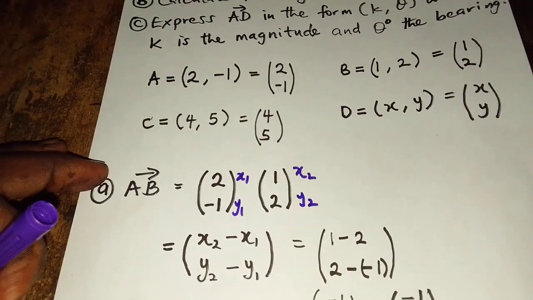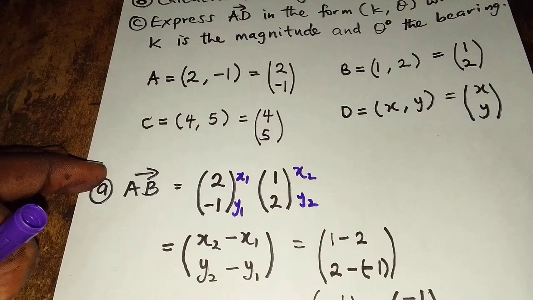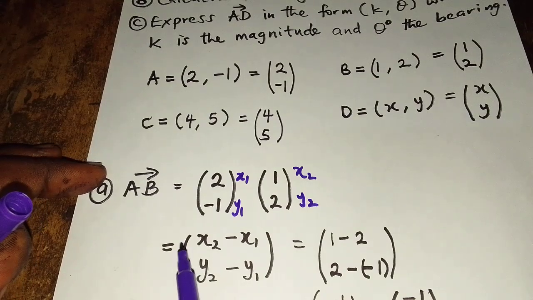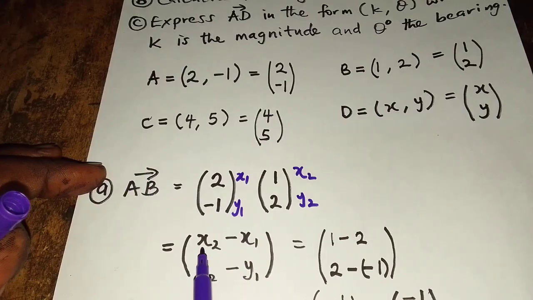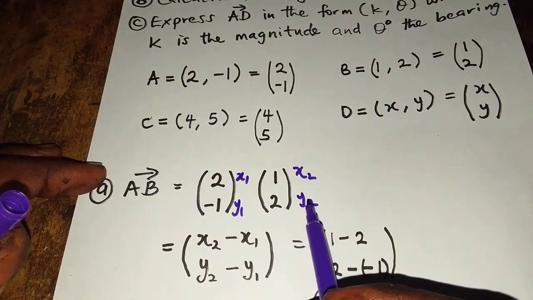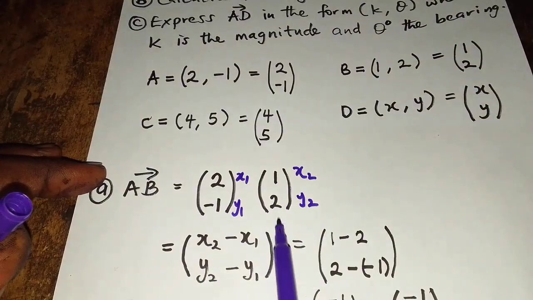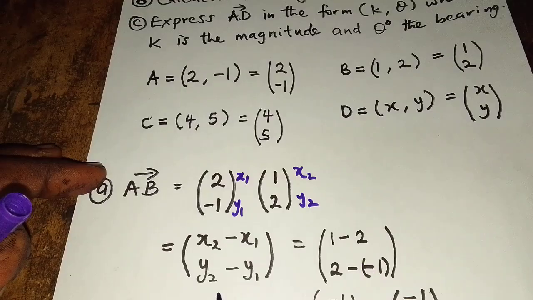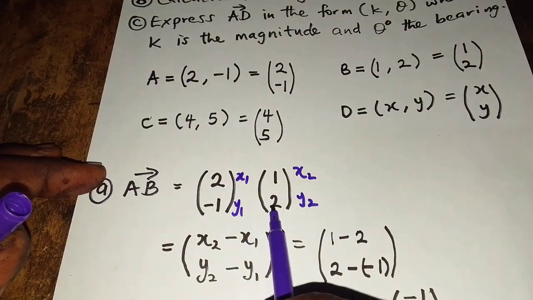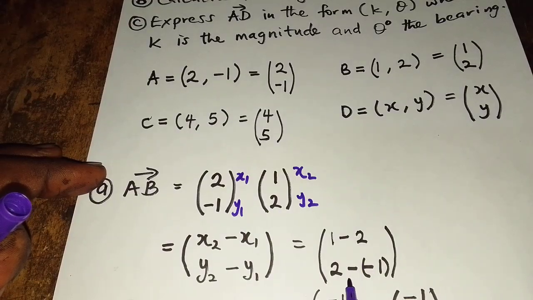So to look for the vector AB, it will be x2 minus x1, y2 minus y1. The value of x2 is 1 minus the value of x1, which is 2. Then y2 is 2 minus y1, which is -1.